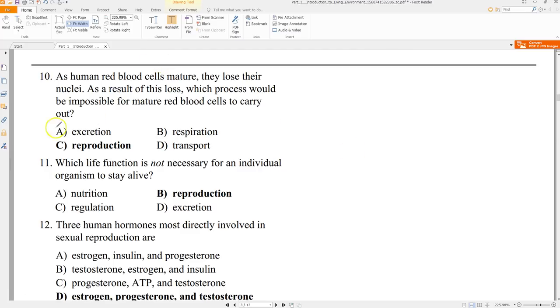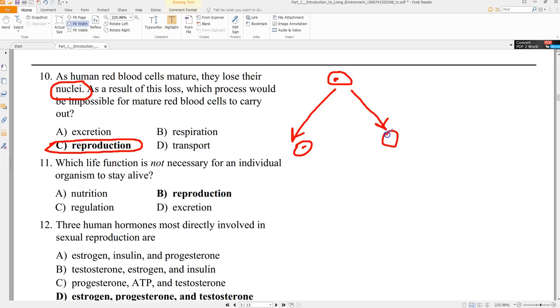If you don't have DNA, which is inside the nucleus, you cannot reproduce. Without DNA, cells cannot undergo mitosis, cell division.